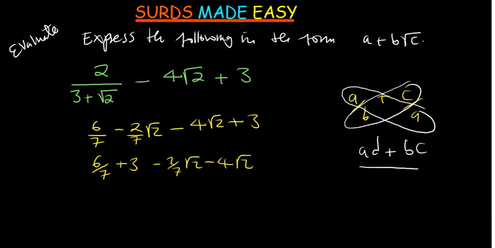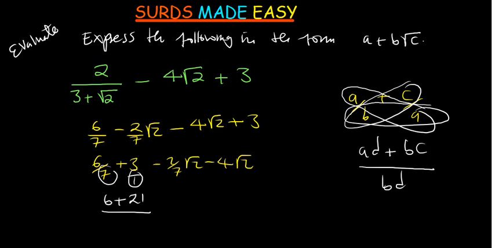And then over, multiply this, that will be bd. So this is the same as over 1. So 6 times 1, that's a 6. Plus 7 times 3, which is a 21. Over 7 times 1, which is a 7. And then go to the next.